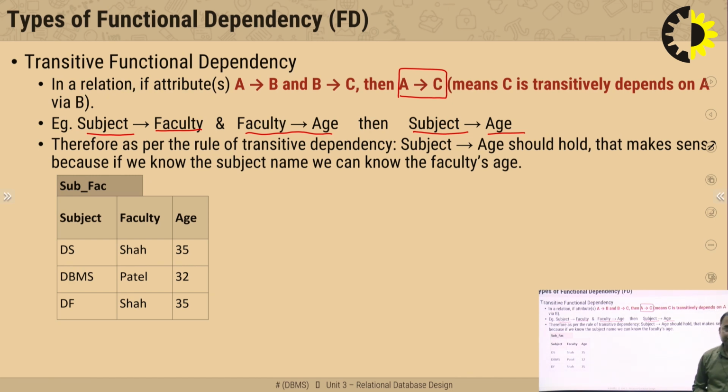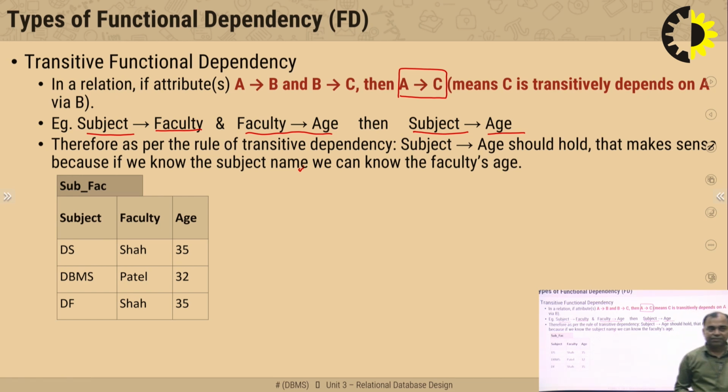Therefore, as per the rules of transitive dependency, subject determines age. That makes sense, because if we know the subject name, we know which faculty it is assigned to, and the faculty age is there, so we can find the age with the help of the subject, because they transitively depend on each other.